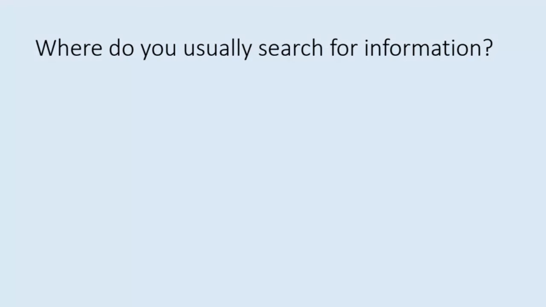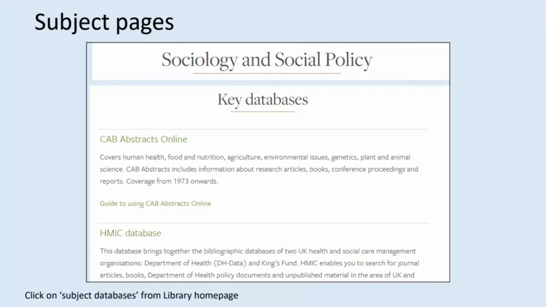I can't see any subject-specific databases, and Miranda's going to ask that question. There are subject-specific databases available, and you can access a list of these on the subject pages on the library website. I'll just do a quick screen share so you can see how you can access these.